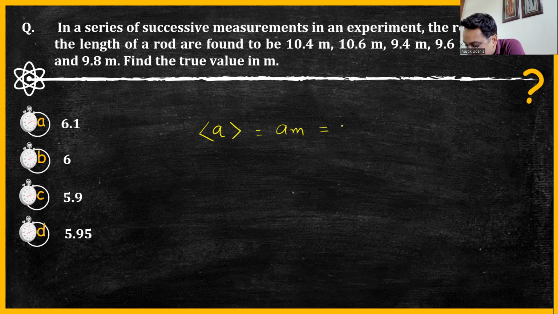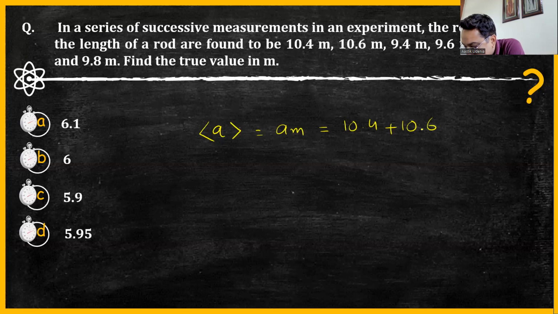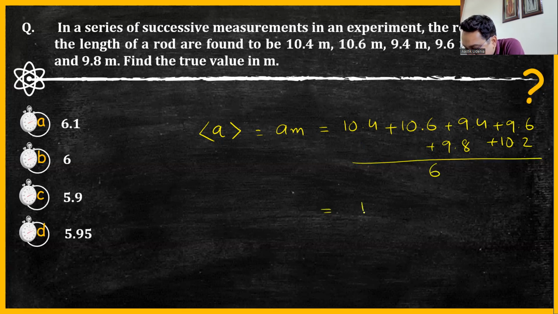You have to add 10.4 plus 10.6 plus 9.4 plus 9.6 plus 10.2 plus 9.8, and you have to divide it by the number of readings, and I guess the value that you are going to get is 10 meters.